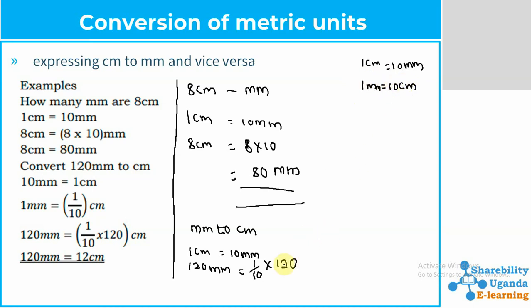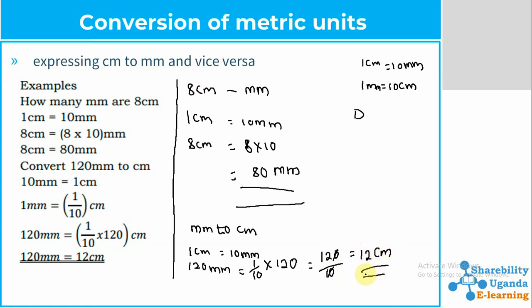So now this is where we derive our 1 out of 10, because we said that when we are dealing with a small unit to a big unit, we divide. So now we still get our answer, 120 out of 10. Okay, so when you cancel the 0 and the 0, what remains is 12. So this is going to be centimeters.